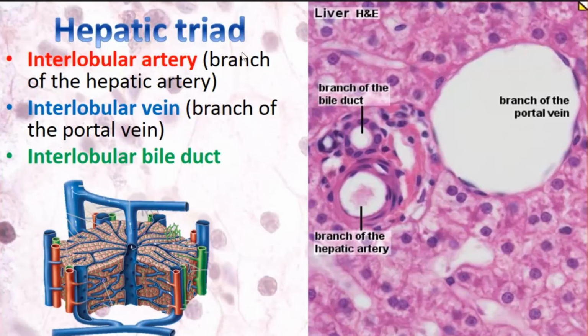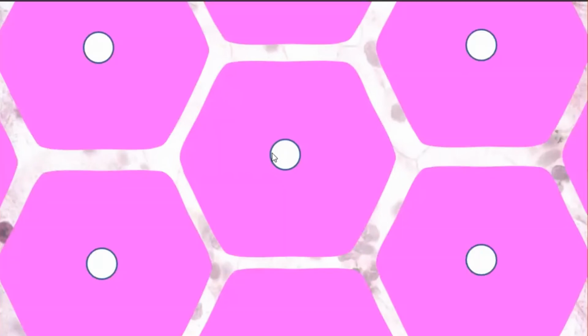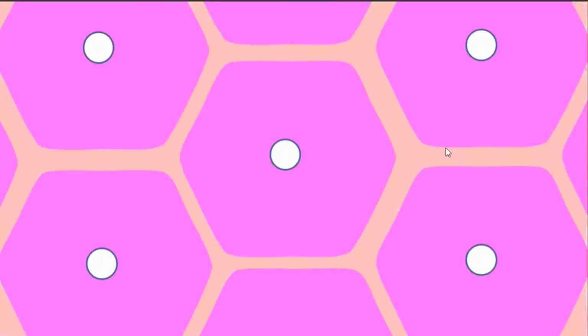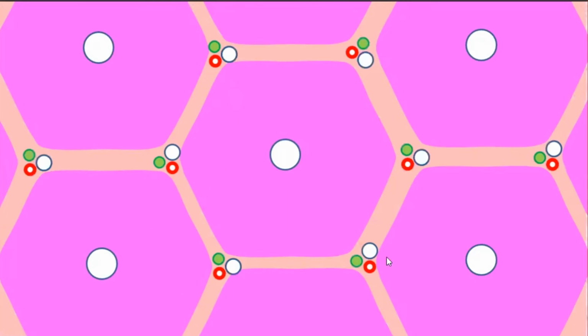It's called the hepatic triad. Here we can see the hepatic lobule, its central vein, neighboring hepatic lobules, the interlobular connective tissue, and near the angles we have interlobular artery, interlobular vein, and interlobular bile duct. It's called the triad. And triads are located near the angles of the hepatic lobule.